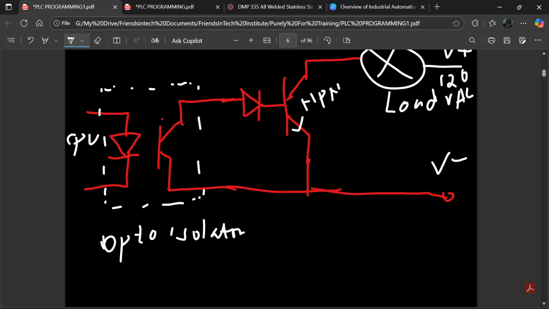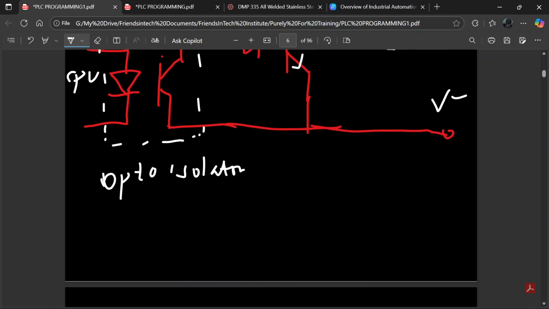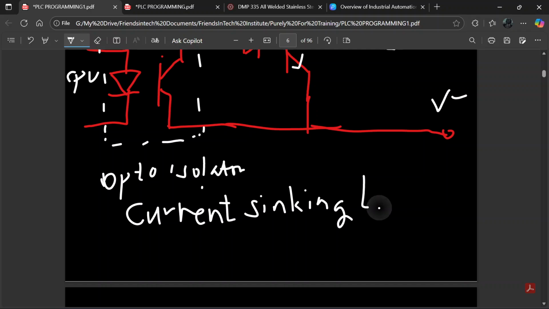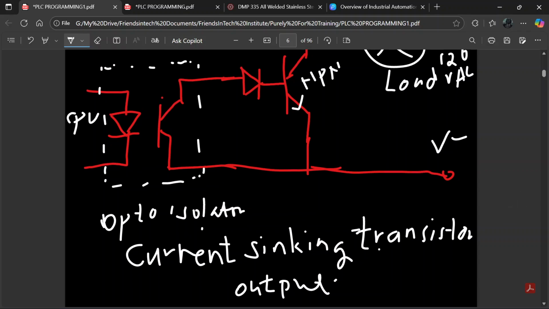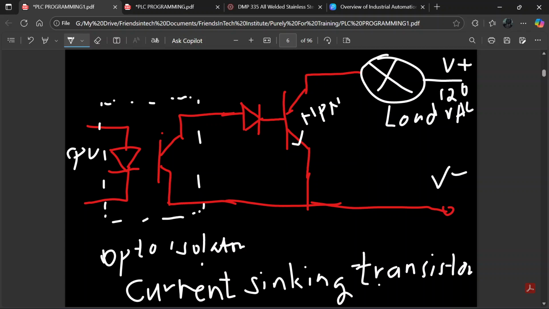So of course you can use PNP. Of course, you can have a current sourcing transistor output if you replace NPN with PNP.